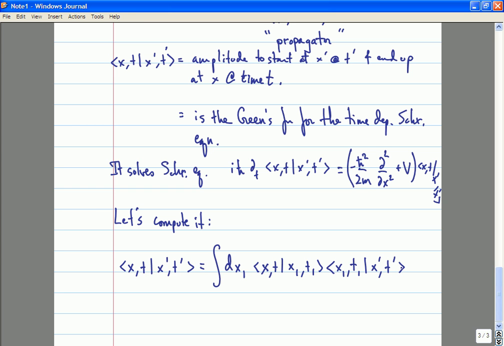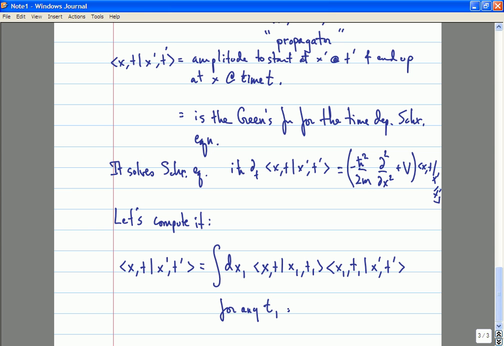Okay. So I could imagine choosing some intermediate time t1 in between t and t prime, and the amplitude for the particle to go from x prime at t prime to x at t is just the sum over all possible intermediate points, x1, where the particle sits at time t1, and I calculate the amplitude to go from x prime t prime to x1 t1, and then x1 t1 to x t. And then I sum over all possible positions the particle could be at this intermediate time. So this should be true for any t1.